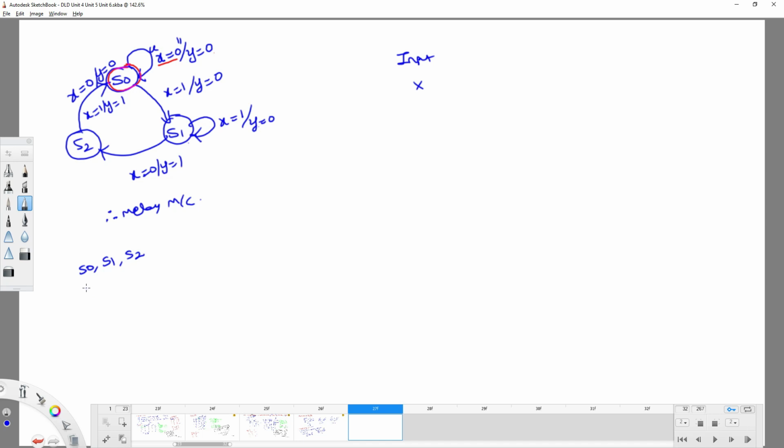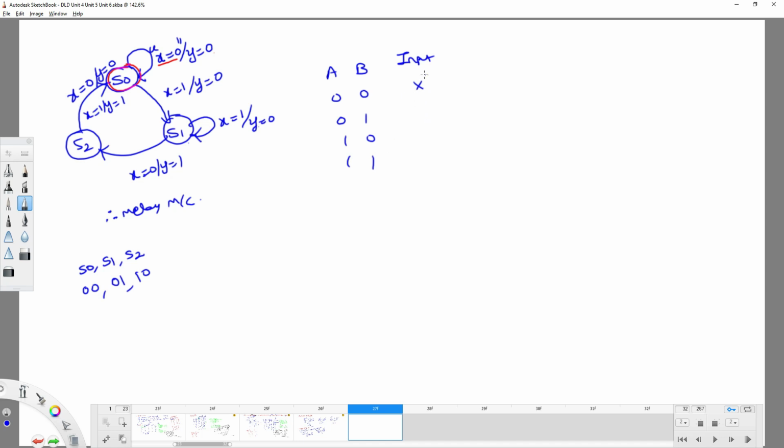Assume that S0 is 0 0, S1 is 0 1 and S2 is 1 0. If I assume like this, and consider A, B as the two state bits, the combinations are 0 0, 0 1, 1 0, 1 1. So 4 possibilities are there, right?